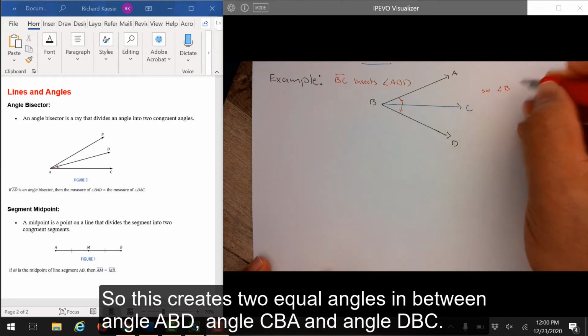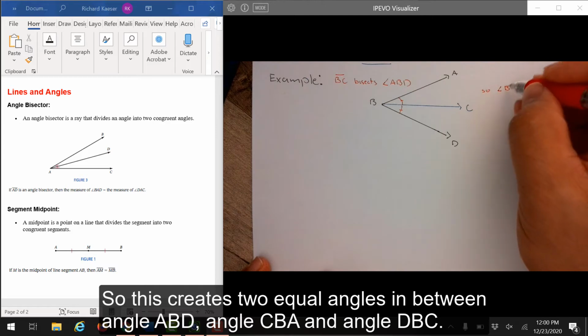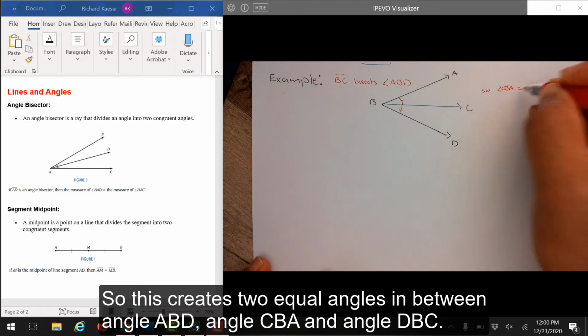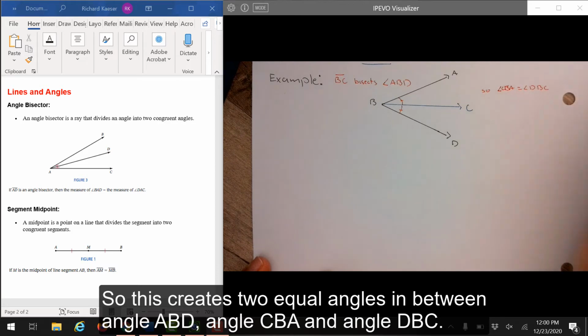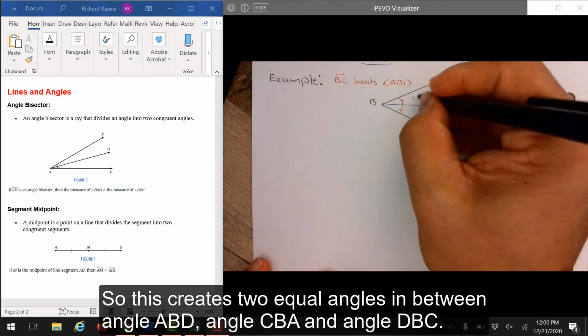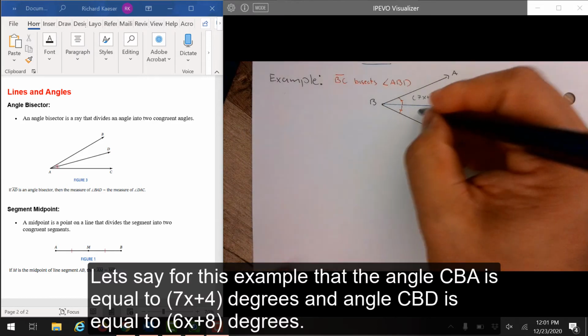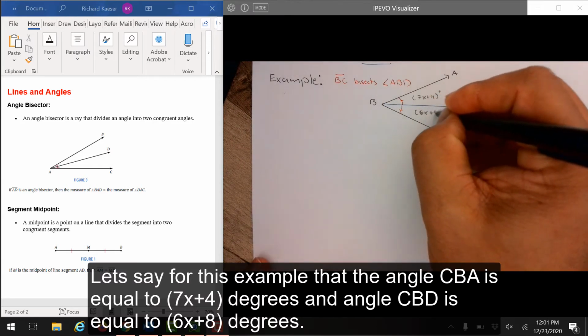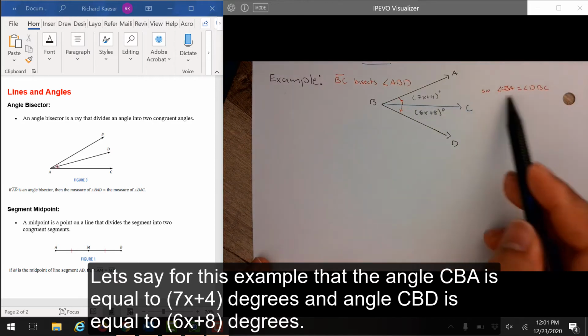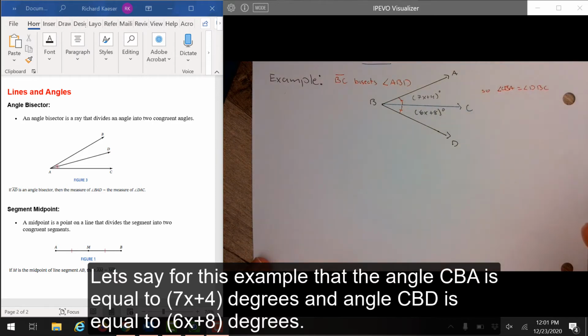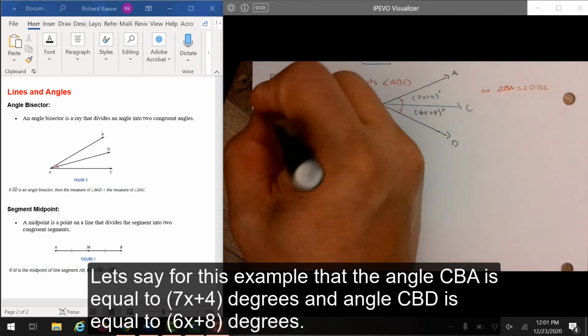So this creates two equal angles in between angle ABD, angle CBA, and angle DBC. Let's say for this example that the angle CBA is equal to 7x plus 4 degrees and angle CBD is equal to 6x plus 8 degrees.